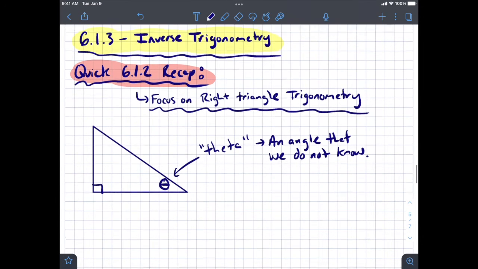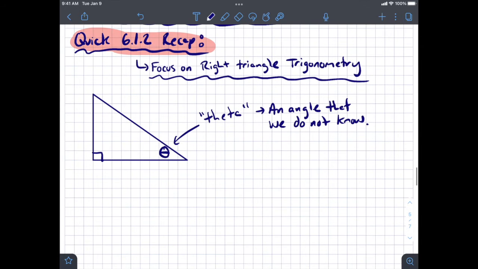Generally, we can label a right triangle a couple different ways using some things that we know from geometry. Specifically, we label our angles using capital letters. So for example, I'm going to label this A, B, and C. And we label side lengths across from those angles with the same letter. Because this is our angle A, if we go opposite it, we would call this our side length a.